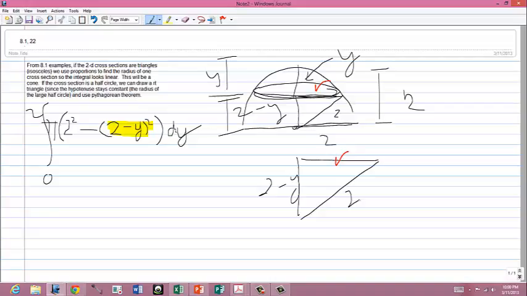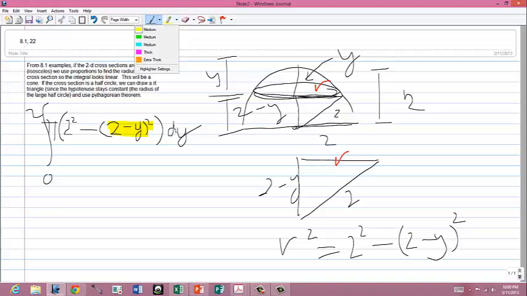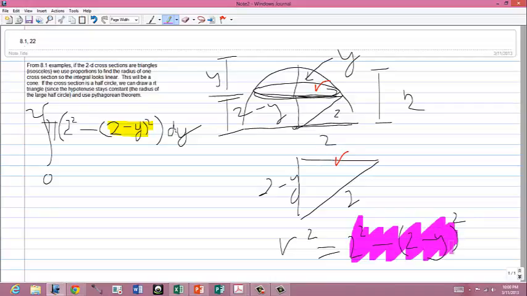So by Pythagorean theorem, r squared is going to be 2 squared minus 2 minus y squared. Here's my r squared right here. That matches up with this expression in purple. So now I have pi r squared times my thickness dy.